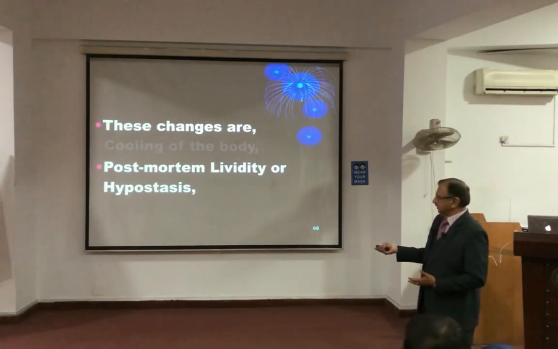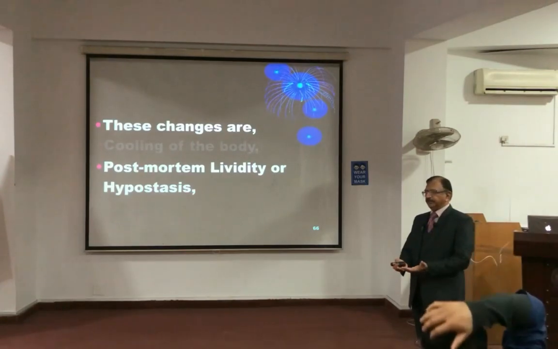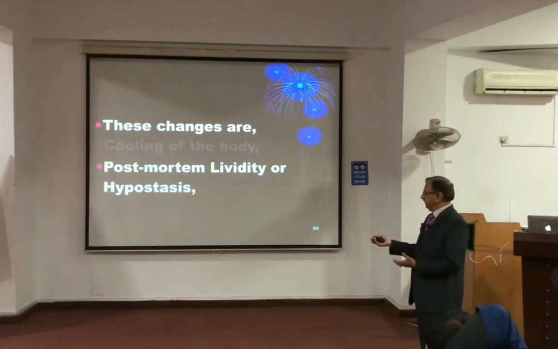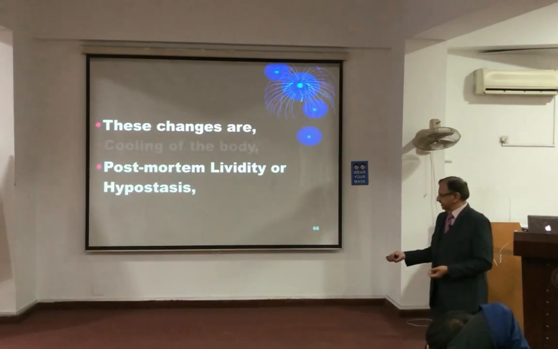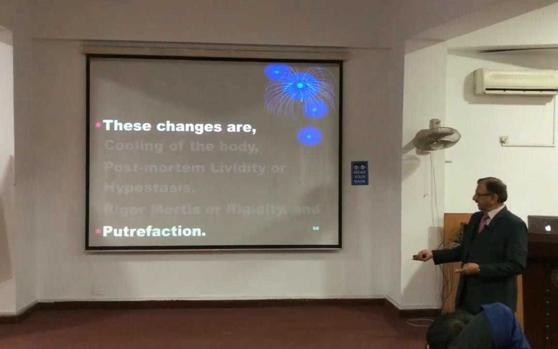This is the capillovenous engorgement or flowing of the blood to the dependent areas by the effect of gravity after death. That is hypostasis. Similarly, the rigor mortis and putrefaction.